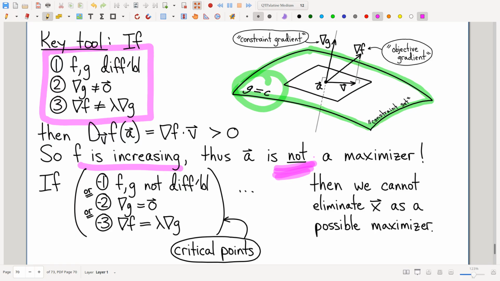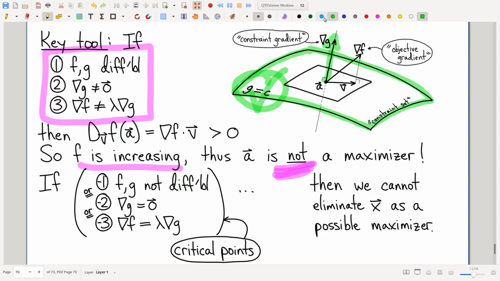Okay, so how do I fill in the blanks on this? Well, if the functions f and g are differentiable, that means the gradients tell us useful information. If the gradient of f is not a multiple of the gradient of g, wait a second, what's the deal with the gradient of g? The gradient of g is always perpendicular to the surface because it's a level set.